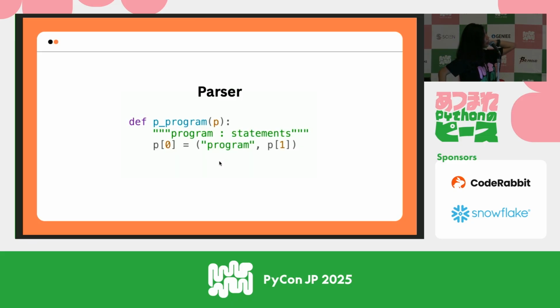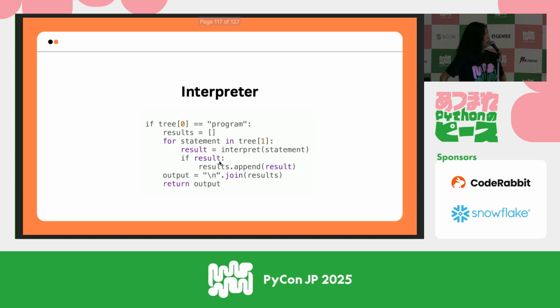So I updated my parser a little bit. I made sure that I have a program keyword, and it understands that there are multiple statements. And if my interpreter sees the program keyword, it knows that there are multiple statements, and it's going to loop through them and interpret them recursively.